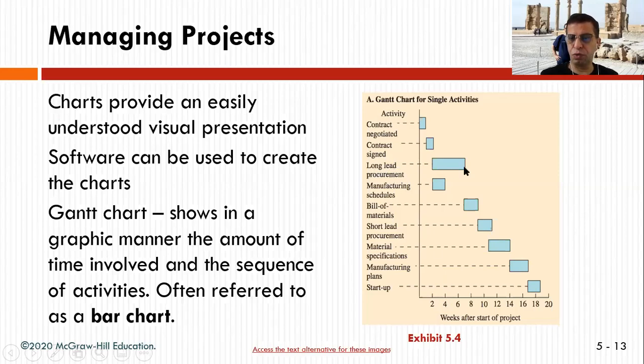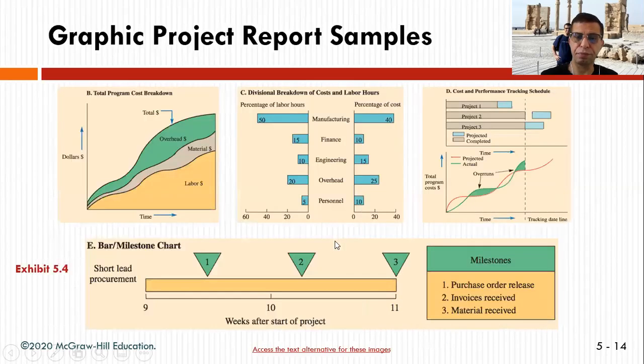Long lead procurement takes probably 8 weeks, but meanwhile you can do manufacturing and scheduling. It depends on whether they're connected to each other partially, so you divide this into the parts where it's delivered, and we will talk about that when it comes to the CPM later on. Then you get the bill of materials and the process, so it's really clear when it's supposed to start and when it's supposed to be delivered.